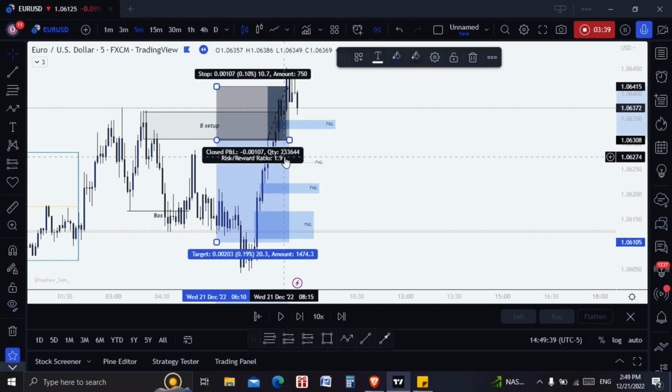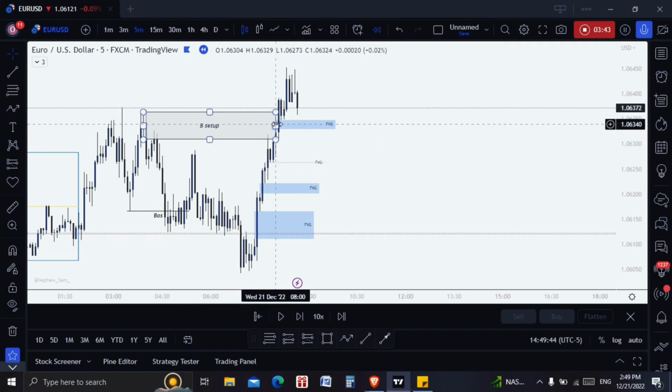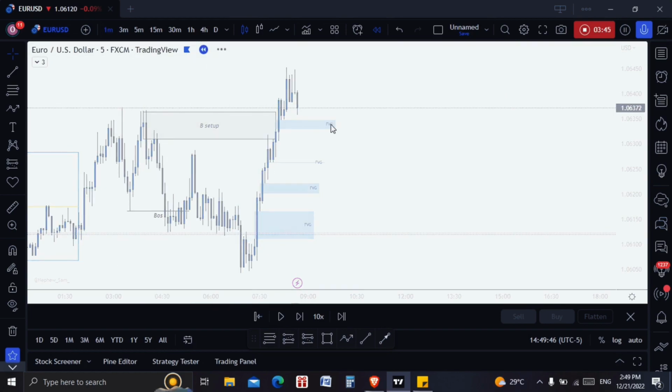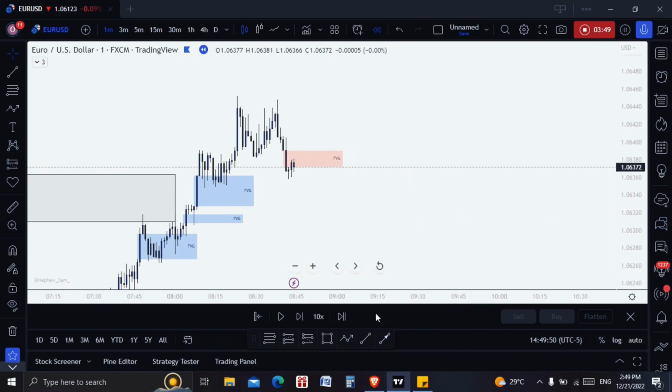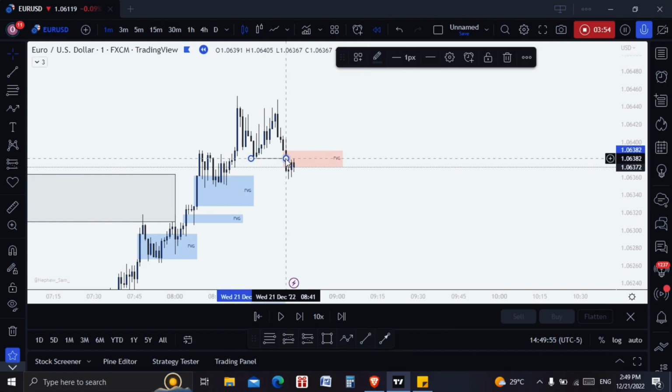What I should have done was, when it reached my B setup, I should have headed to the 1 minute. And this was a breaker structure.